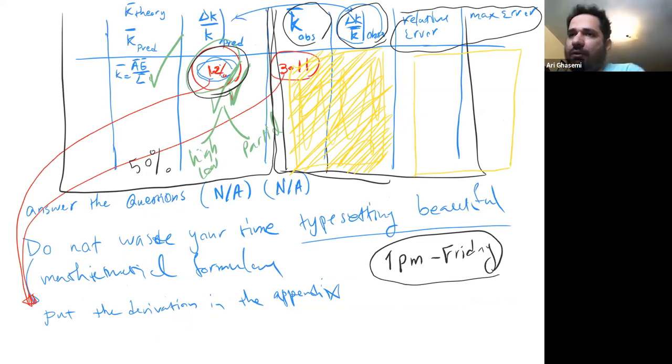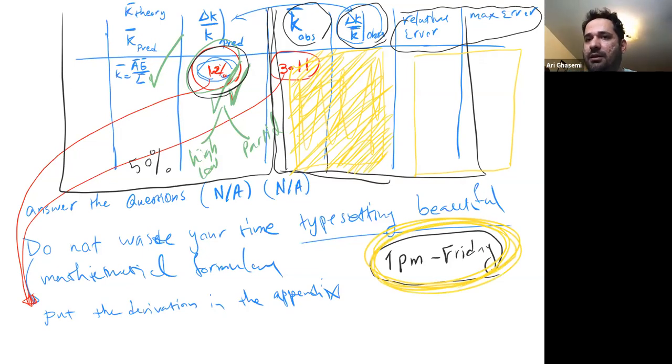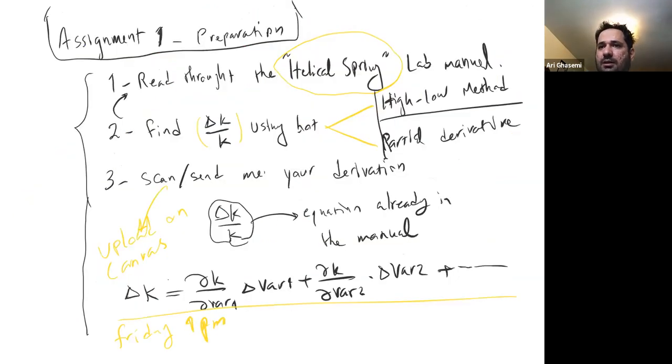So we are going to cover it Friday 1 p.m. Highlighted, Friday 1 p.m. Don't forget that. And then also don't forget, you need to do this assignment. You may take a screenshot of this because we may lose it. So you need to do this assignment. I put a link to it online and upload your assignment so I can grade it, okay?